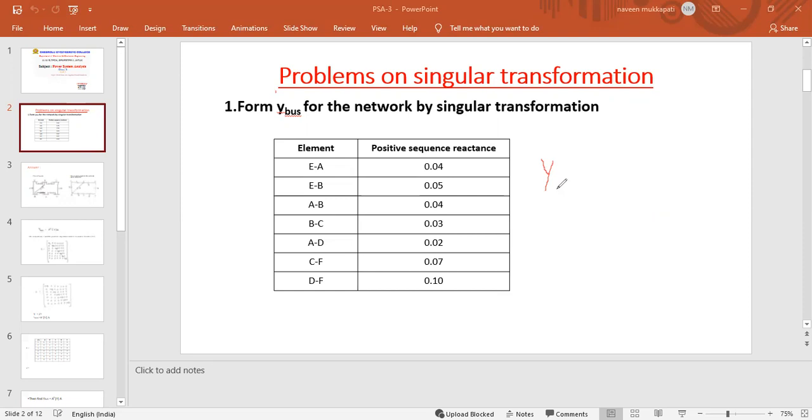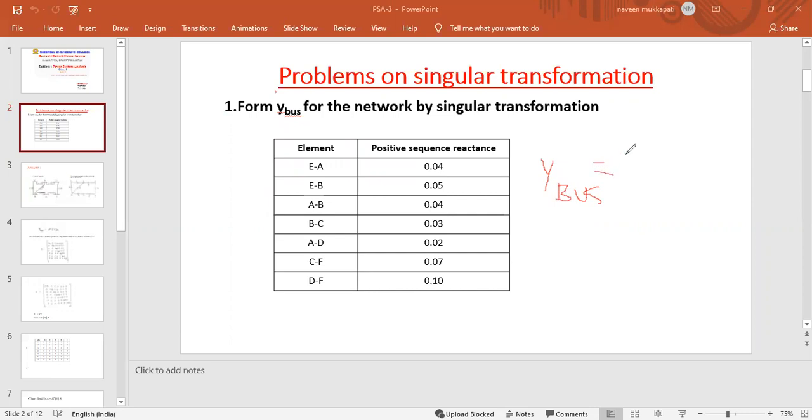The first one is Y bus is equal to A transposed into Y into A.